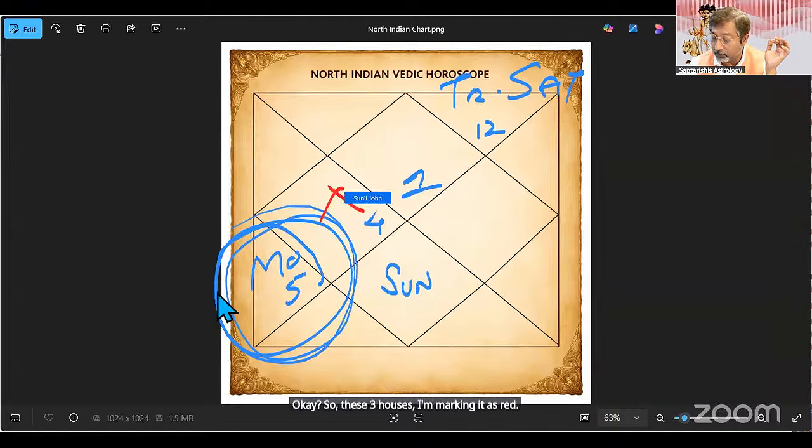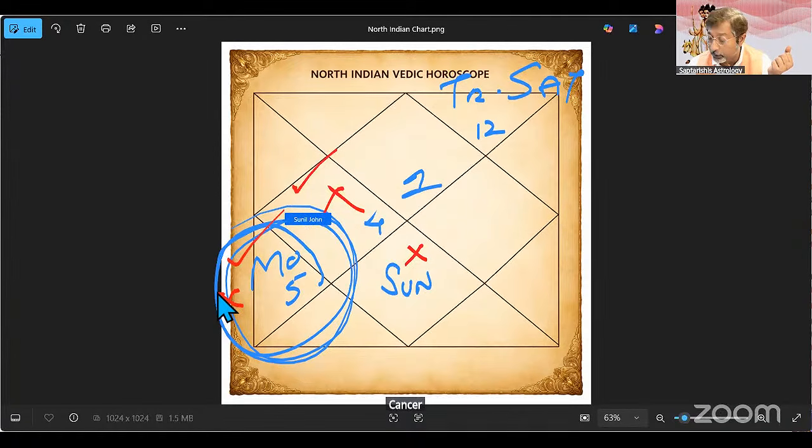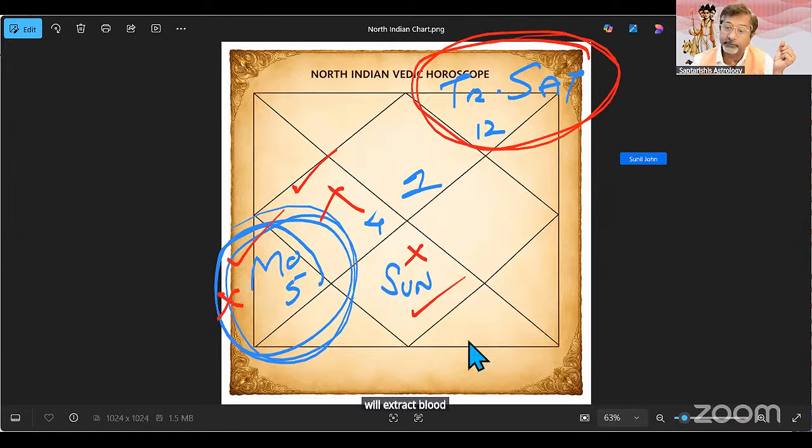One Cancer, one where moon is, and one where sun is. These will get ignited. If yogas in the chart are good, you can be saved. If natal Cancer, natal moon, natal sun is afflicted, this Saturn will extract a pound of flesh. Does it make sense? Easy?